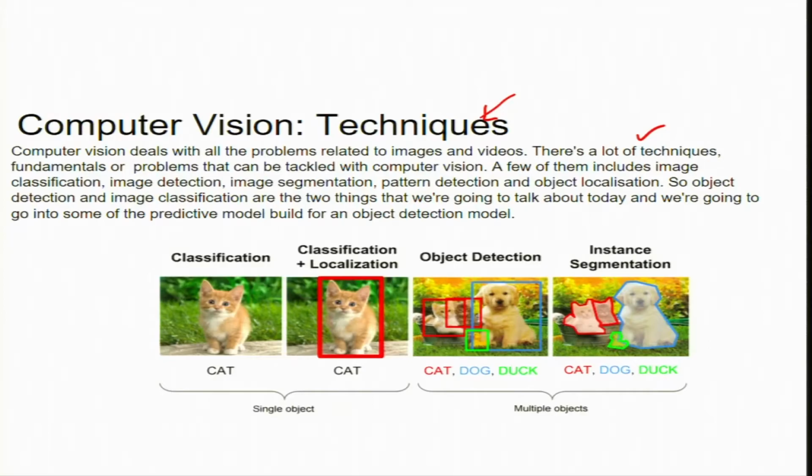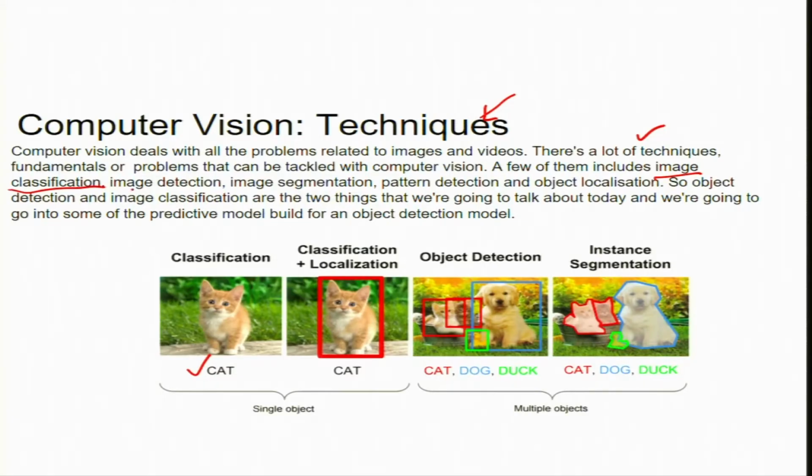So there are a lot of techniques or fundamentals that can be tackled with computer vision, and a few of them include the technique called image classification. Image classification means that the object which is built out of several pixels together is able to be classified as a cat.